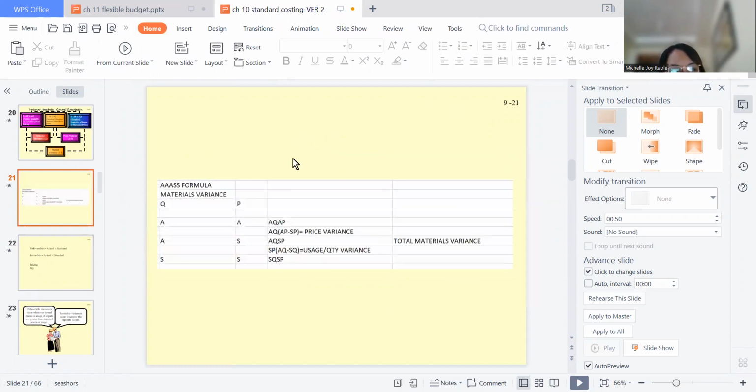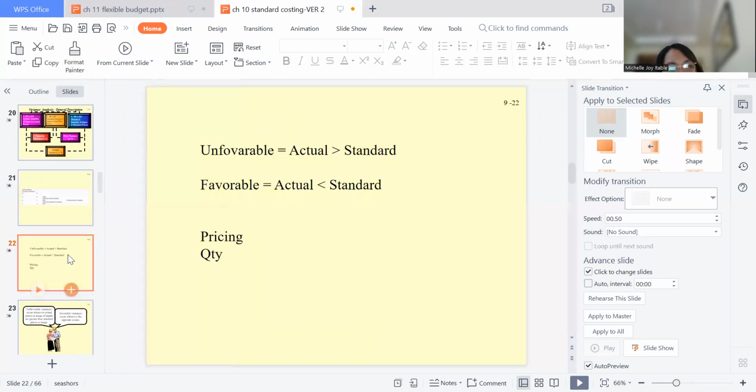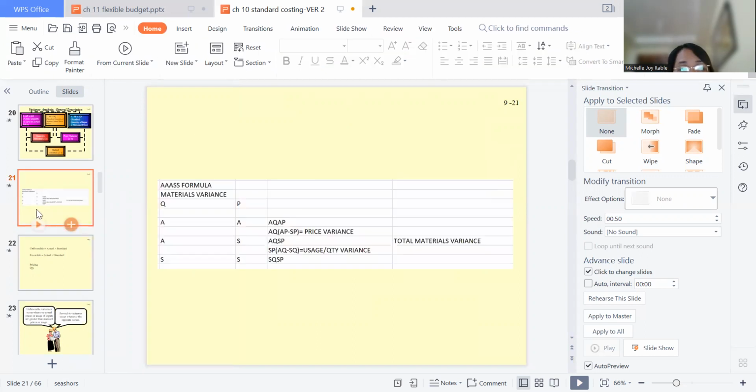So, ito yung sa materials natin. We have here the result, no? If the price variance, rather, mas mataas yung actual price kaysa sa standard price, you have an unfavorable variance.